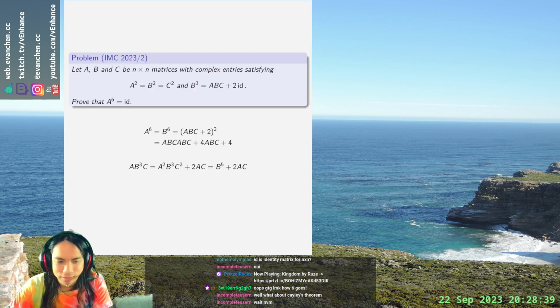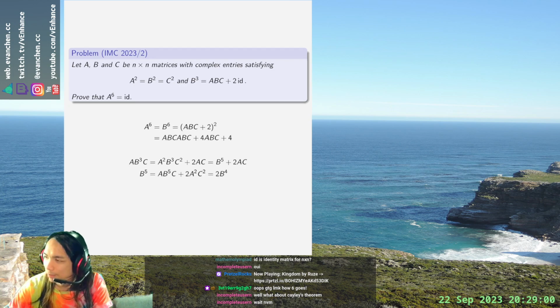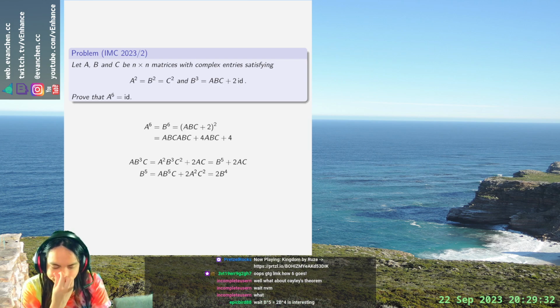So B to the 5C is like... I wonder if the strategy is to just try to get it to be a polynomial in B. A, B to the 5th C, B to the 5th is 2. Sorry, that's a mistake, I think. I left out the B, 5C.